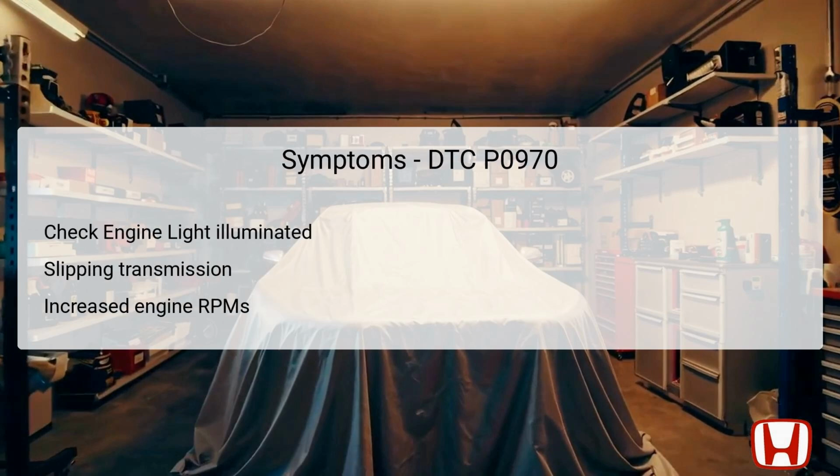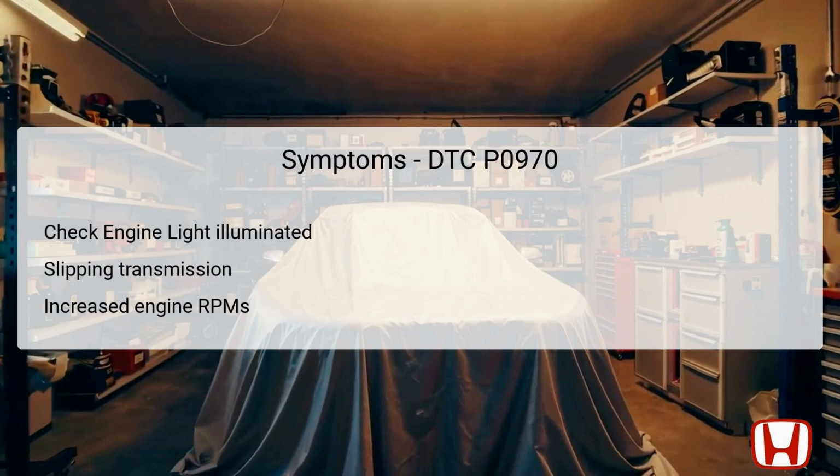When DTC P0970 is present, drivers may notice various symptoms affecting the vehicle's performance. One of the most immediate indicators is the illumination of the check engine light, alerting the driver to an existing issue. Other symptoms may include a slipping transmission, where the vehicle hesitates when accelerating or struggles to engage gears properly.